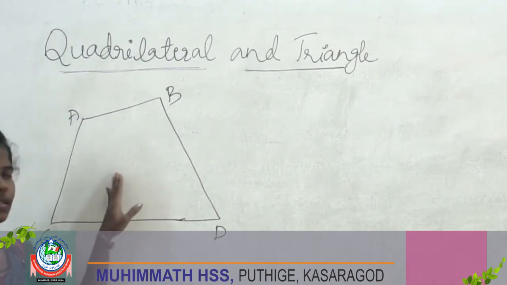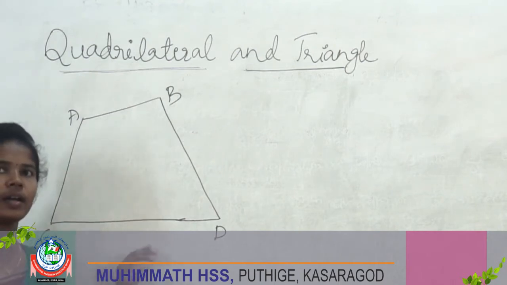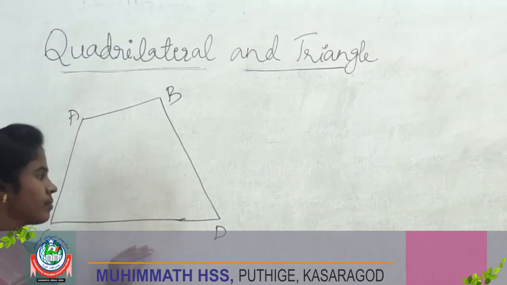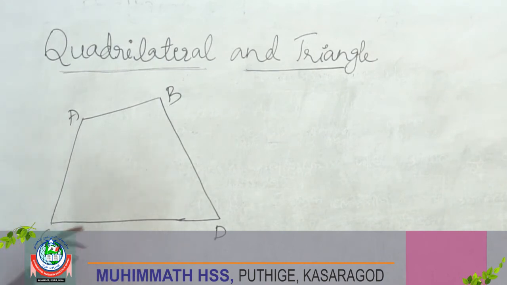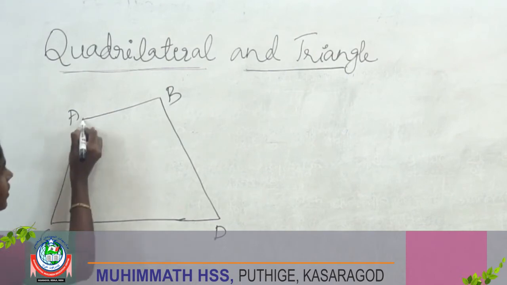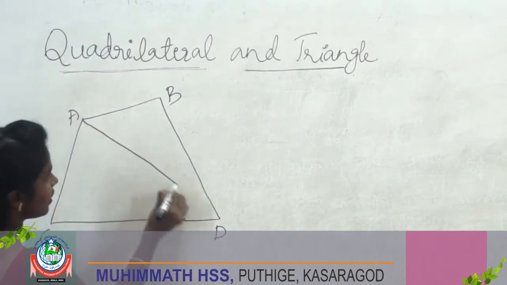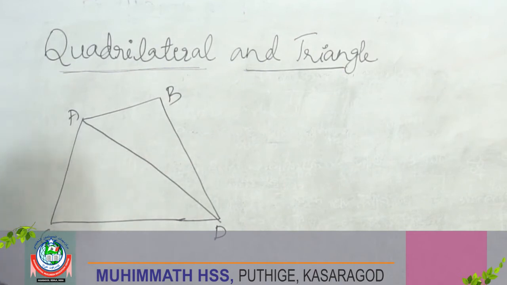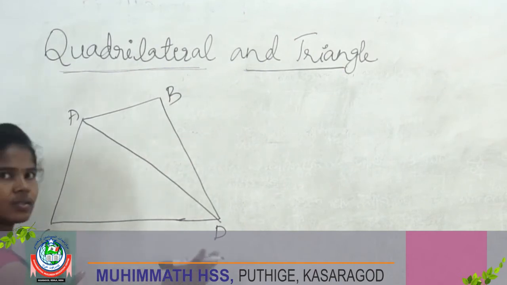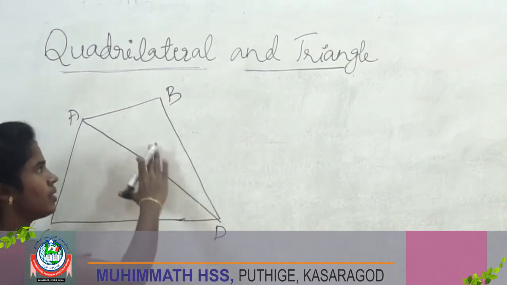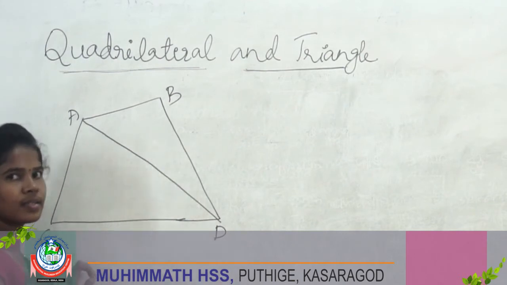First step is draw a quadrilateral ABCD. Here we drew the quadrilateral ABCD. Next step is draw a diagonal AD. Now this quadrilateral is split into two triangles.